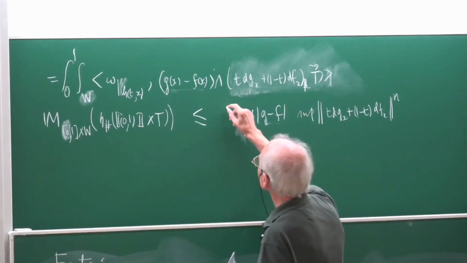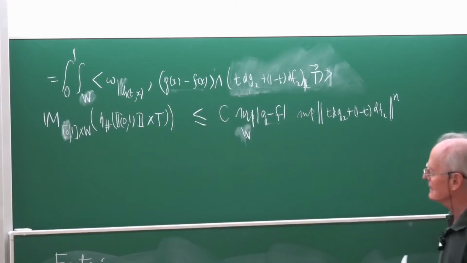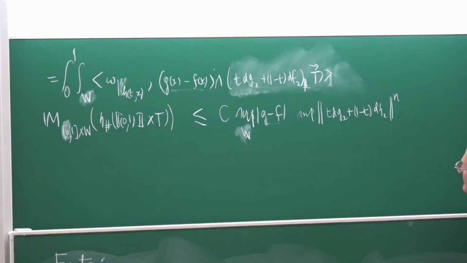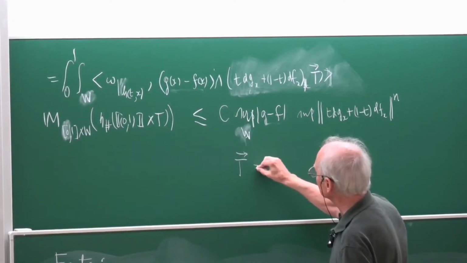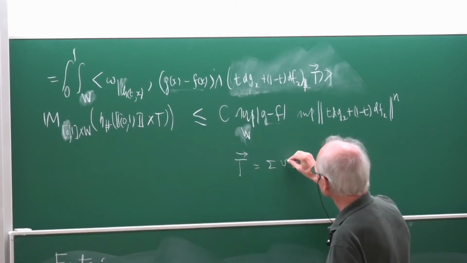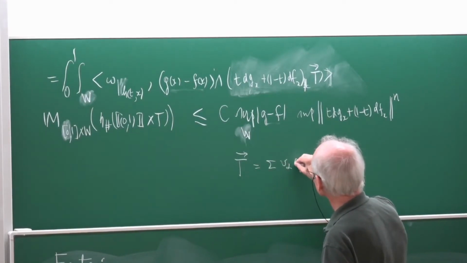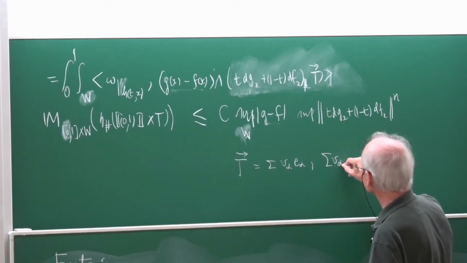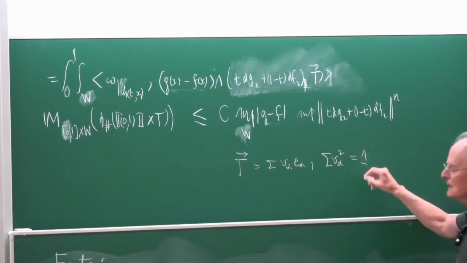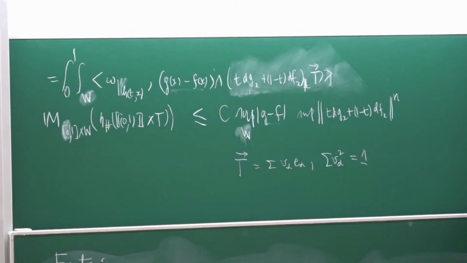And there's a constant c that comes here. You've got to be a bit careful about this. t is not necessarily a simple vector, so t has the general form sum of v alpha e alpha, where it's a unit vector, so the sum of v alpha squared equals 1, right? That's what it looks like.